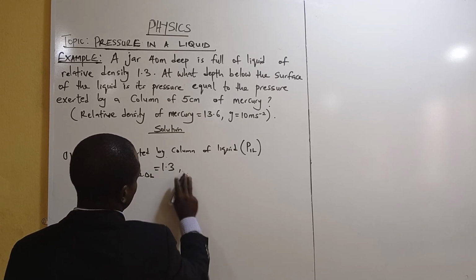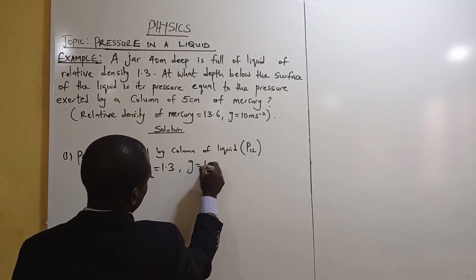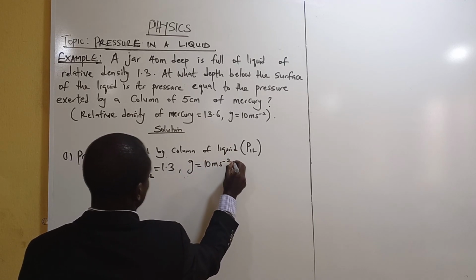Acceleration due to gravity, G, equals 10 meters per second squared.